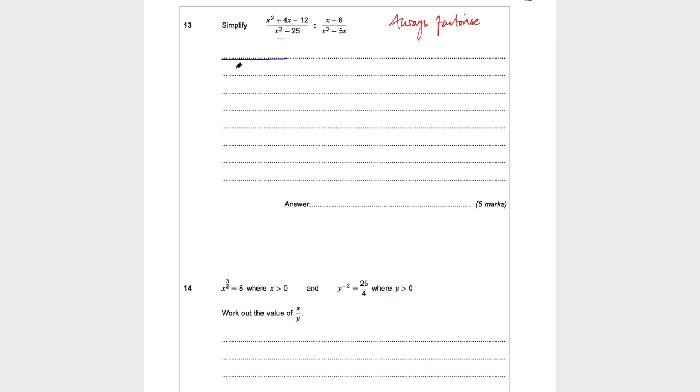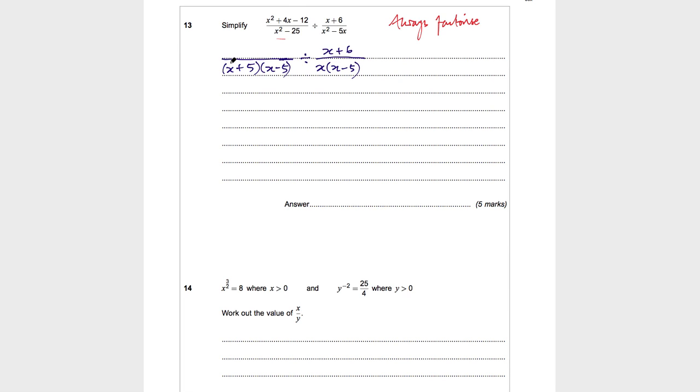I'll use that as my dividing line. That's x plus 5, x minus 5, divided by this is going to stay as x plus 6, and I can factorise the x's there, x minus 5.